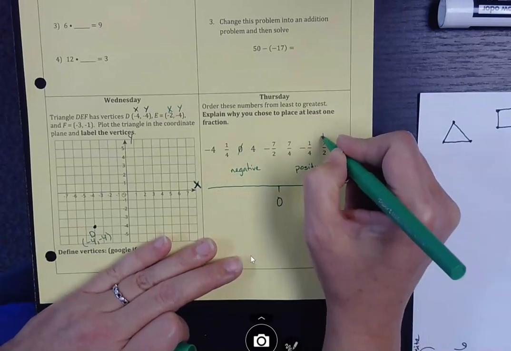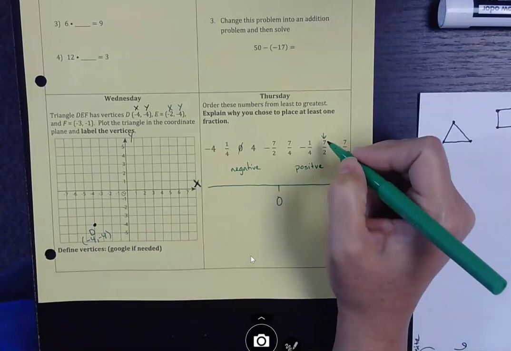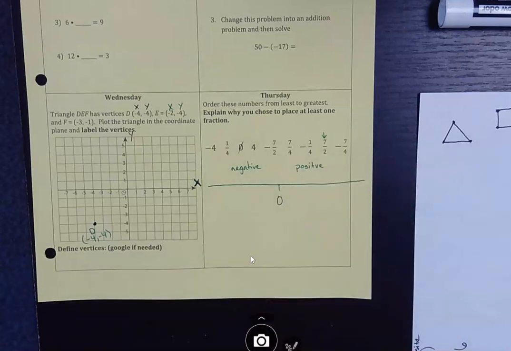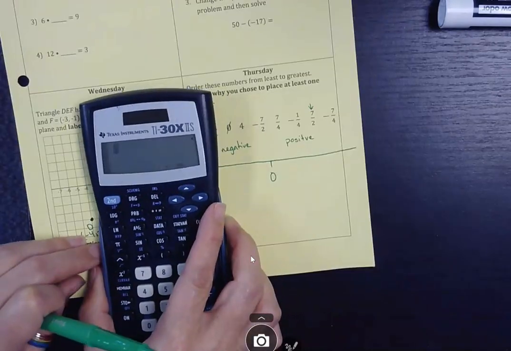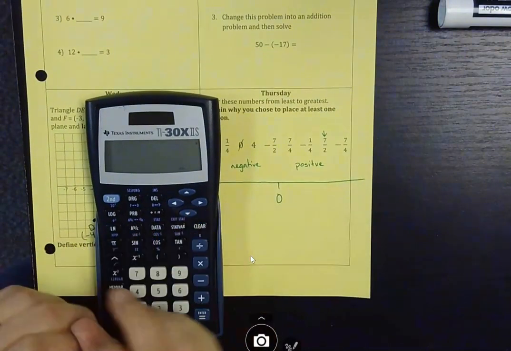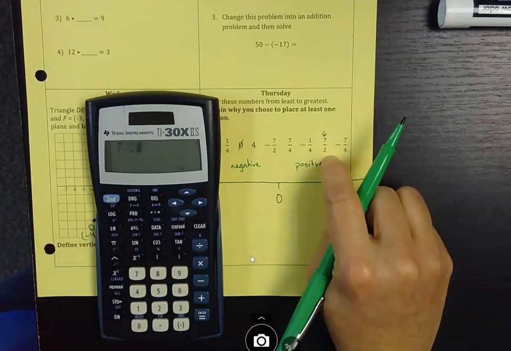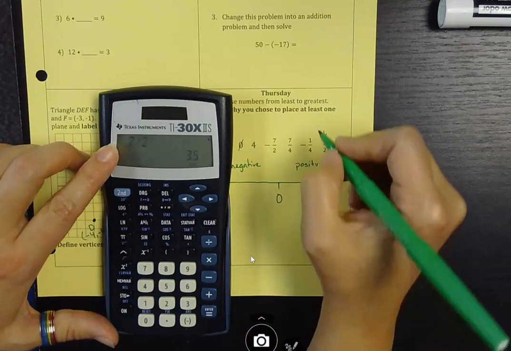So for example, I might want to explain how I knew where this 7/2 went. For my brain, it helps if I can see that in a decimal, because I can tell what number it's close to when it's in decimal form. And to change a fraction into a decimal in your calculator, you're going to do 7, that line means divide, divided by 2. See? You can see it looks just like 7/2, and it is 3.5.